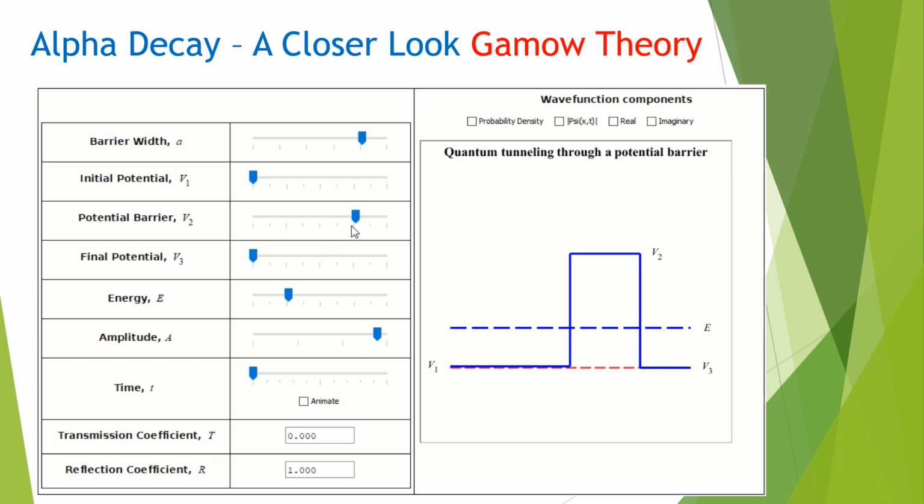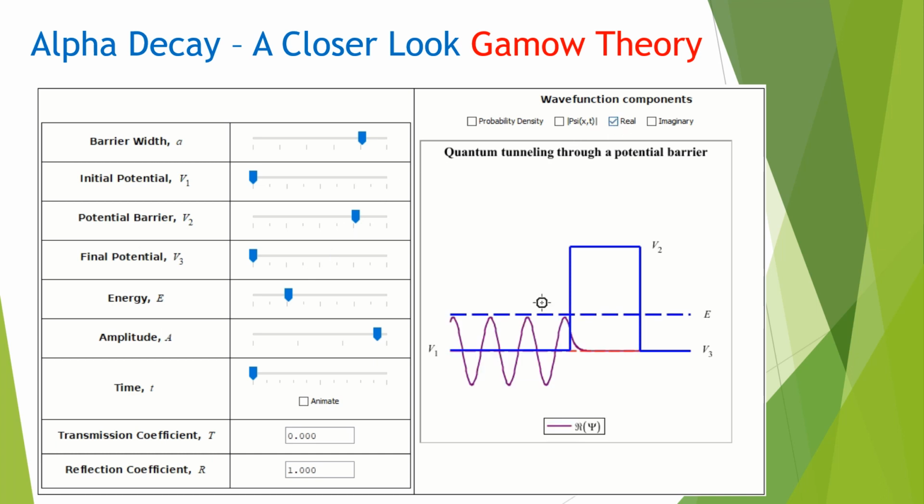Now I shall enable the real function psi, the real part of the function psi. So here you can see that the wave is getting incident at this point and then going further but with diminished value. Now I am reducing the width of the potential barrier.